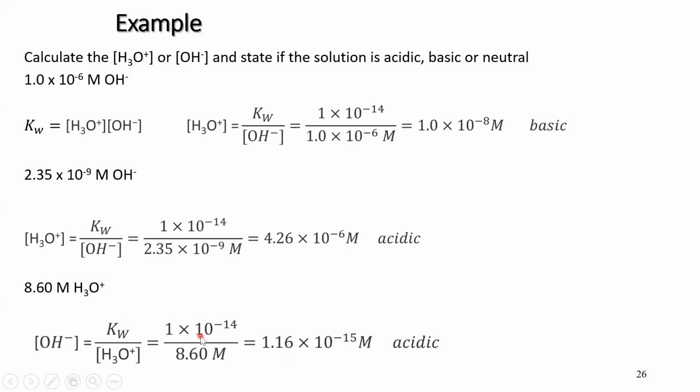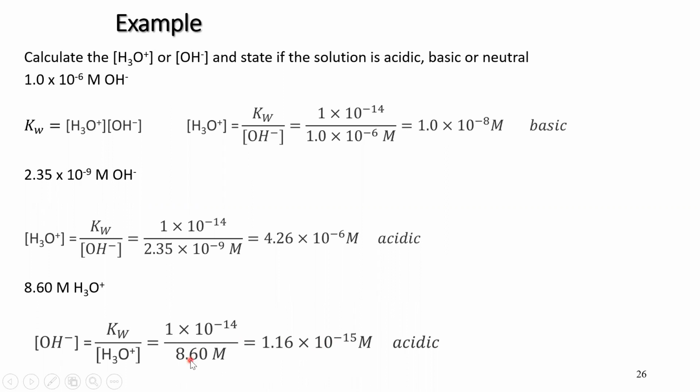Okay, so 1 times 10 to the minus 14 divided by 8.60, agreed, is 1.16 times 10 to the minus 15. Now, this number is significantly less than this number.